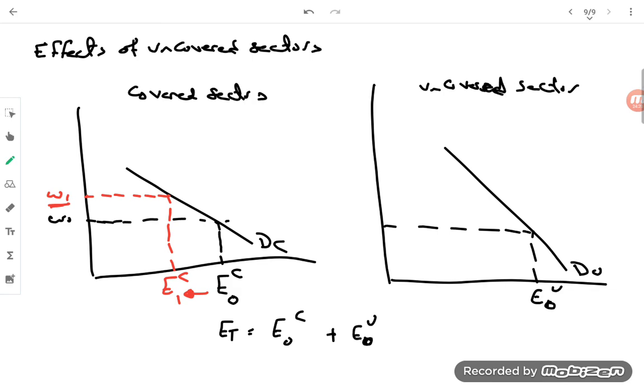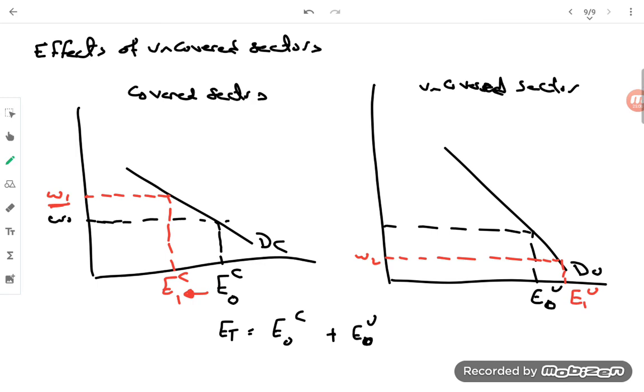Those workers who couldn't find a job in the covered sector will try to find a job in the uncovered sector. As a result, wage rate in the uncovered sector is going to decrease from W0 to W2. So employment in the uncovered sector will increase from E0U to E1U.